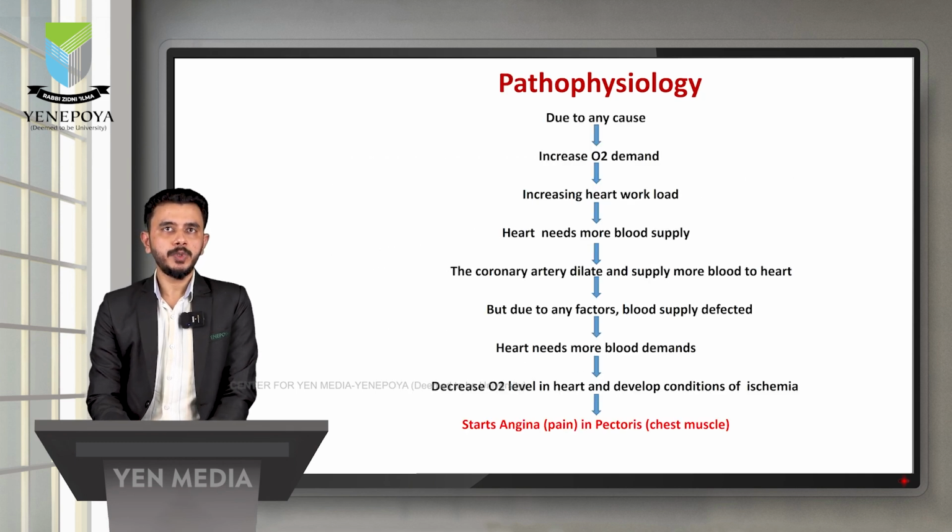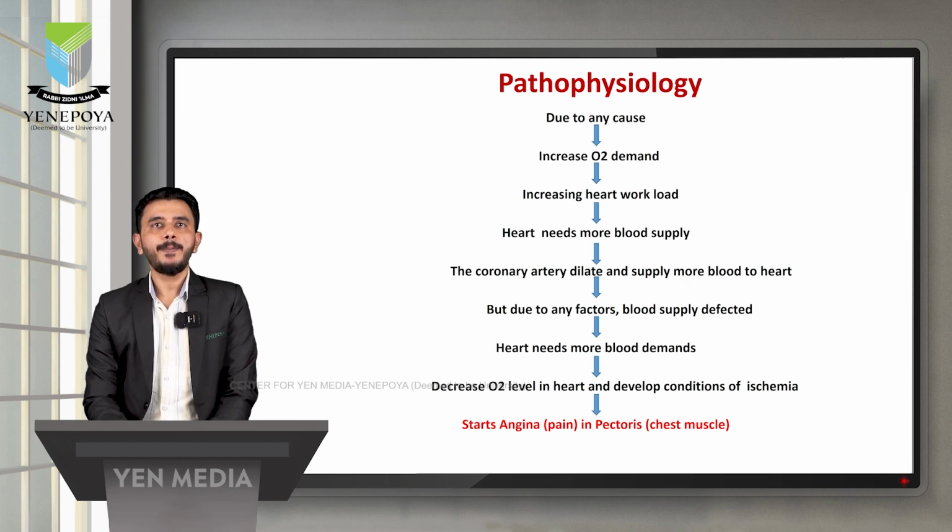Coming to the important portion, that is the pathophysiology of angina pectoris. So the pathophysiology means, due to any cause, I already explained the causes, that is smoking, alcohol intake, and also high cholesterol food intake, there is an increase in oxygen demand and increased heart workload. The heart needs more blood supply.